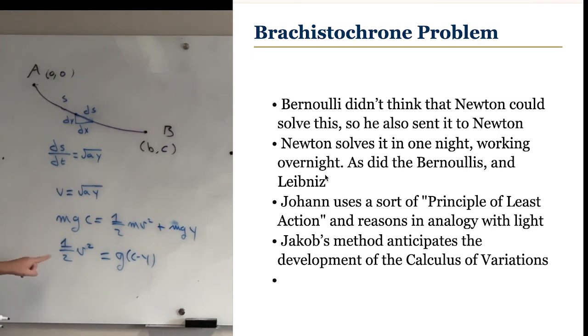Where again, the y down here is a little bit different than the y up here. Okay, so this is what we're going to get here. c minus y is going to be the distance fallen.